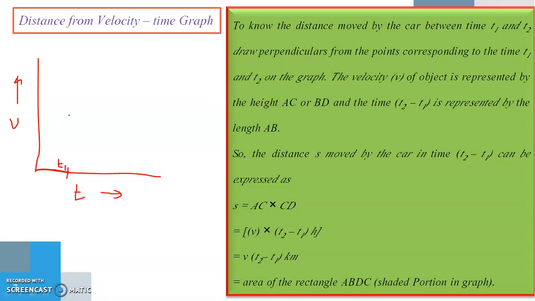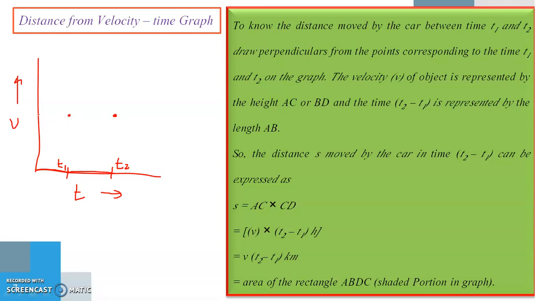it is reaching at this point. Further it moves with some different velocity, and at point t2 it is moving with some velocity, this one.